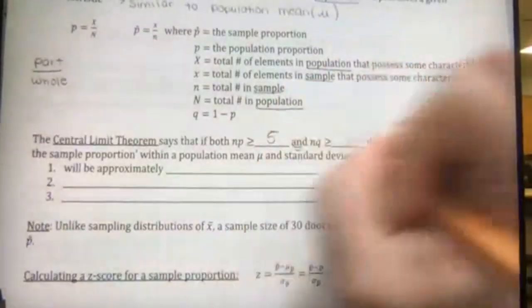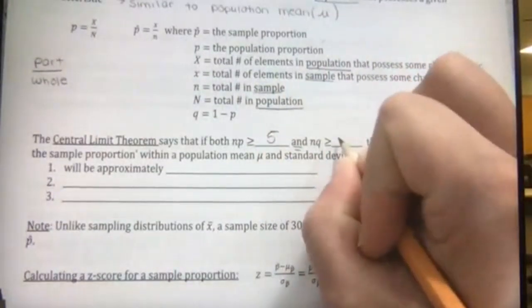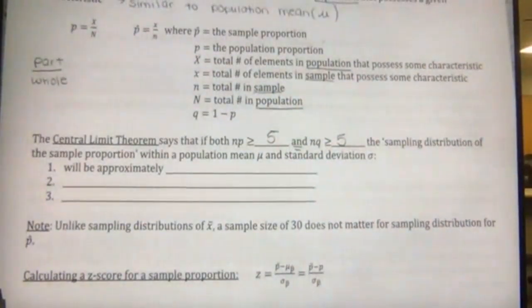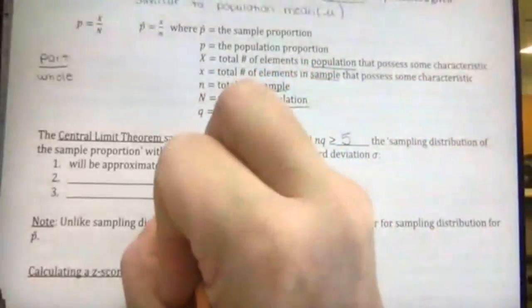And here comes our q. N times q has to be greater than or equal to 5. The sampling distribution of the sample proportion, because we're talking about sampling means, sample proportion now, is within a population mean mu and a standard deviation sigma. It'll be approximately normal, just like we talked about before.